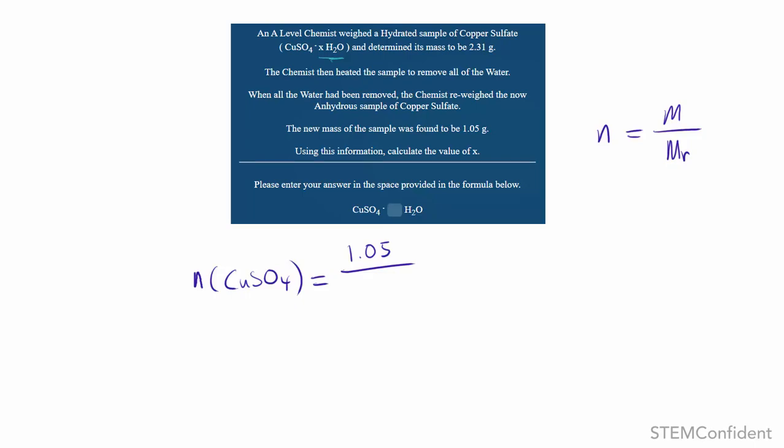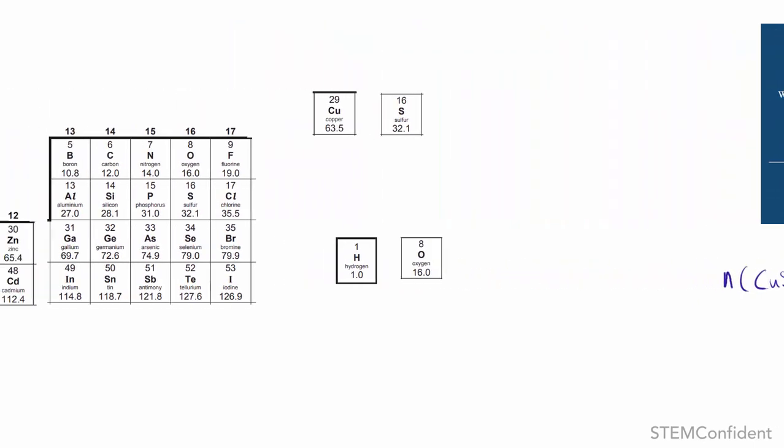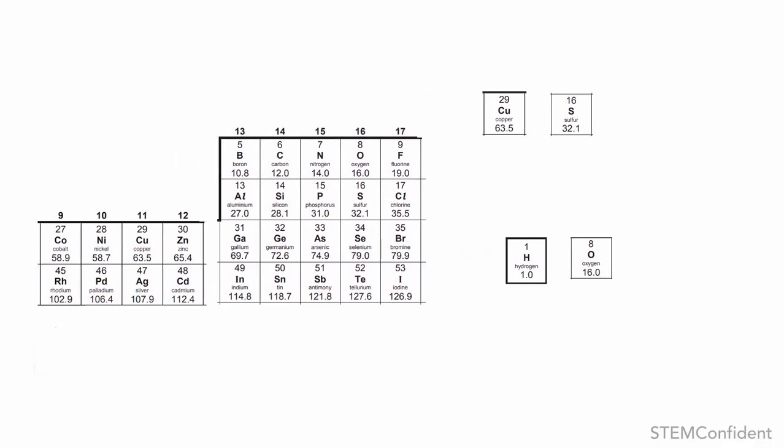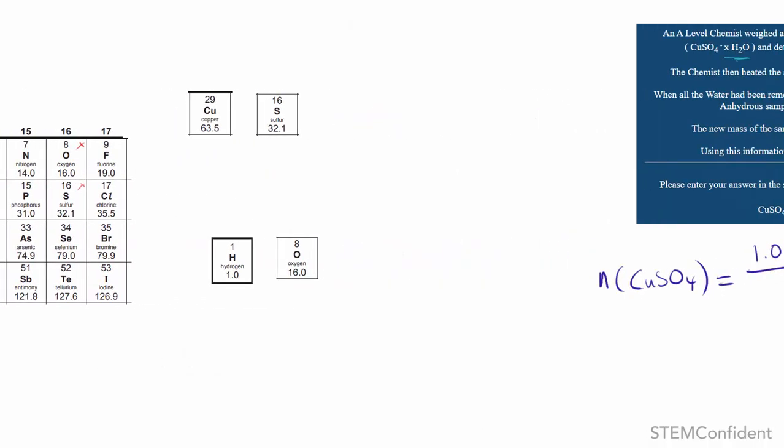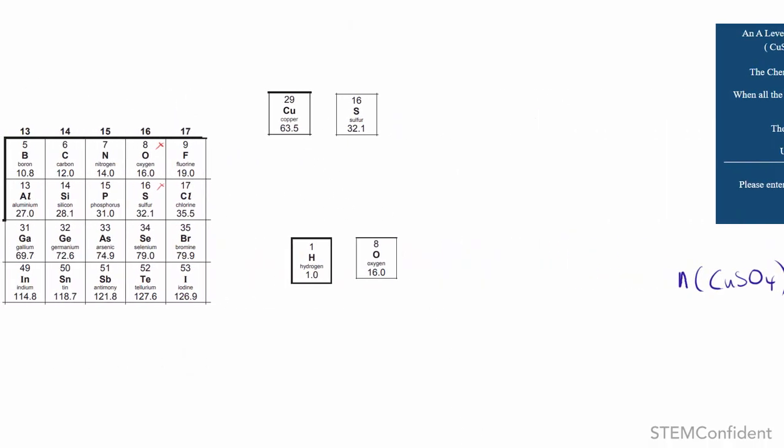The molar mass is not given in the question, but we do have the formula, and so we can in effect use the periodic table to work out what the molar mass is. So the relevant elements here would be copper, sulfur, and of course oxygen, right? I've got them here as well, just to make the calculation a bit more straightforward to follow.